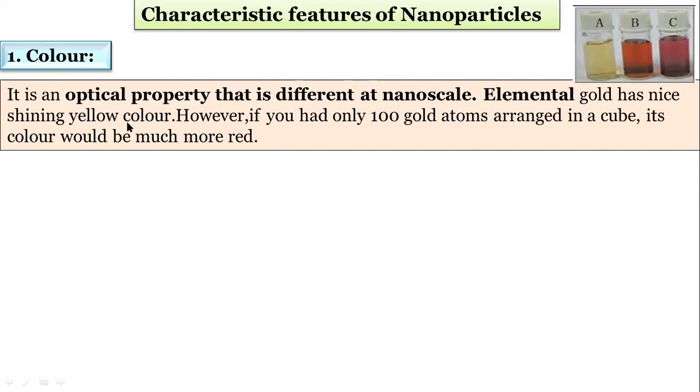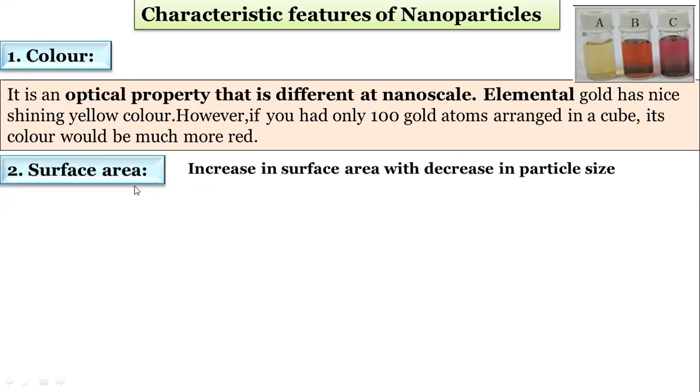However, if you have only 100 gold atoms, at a nano level, arranged in a cube, its color will be much more red. See the color. This is gold in bulk, and see the gold at nanoscale, only 100 gold atoms are there.